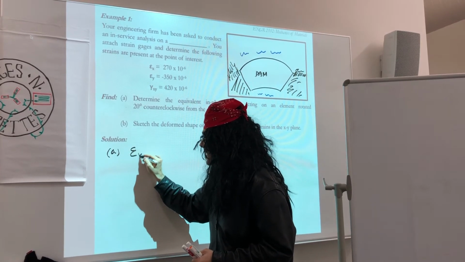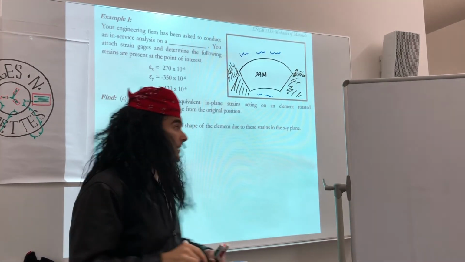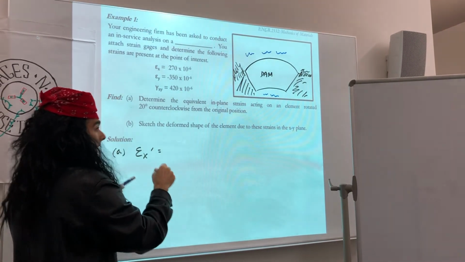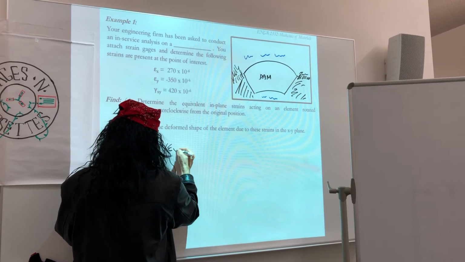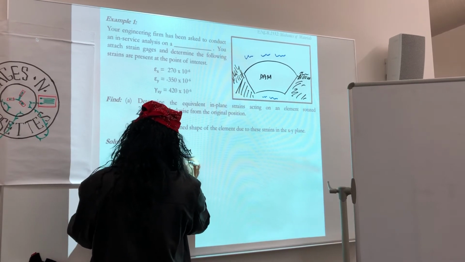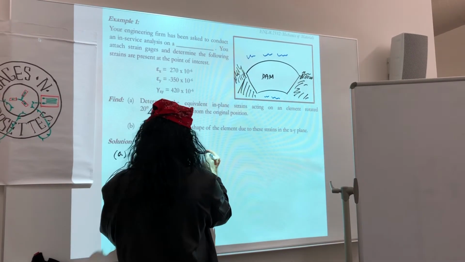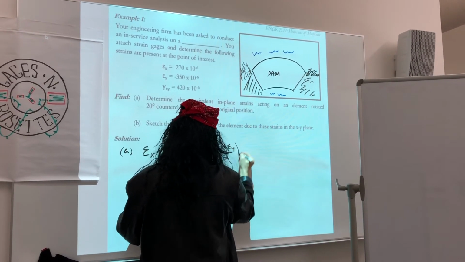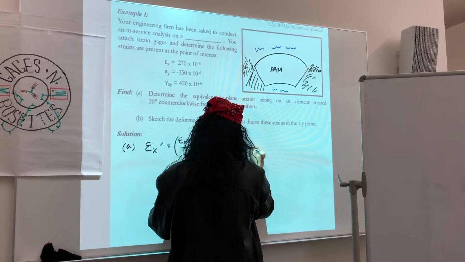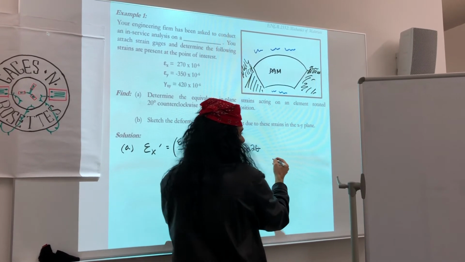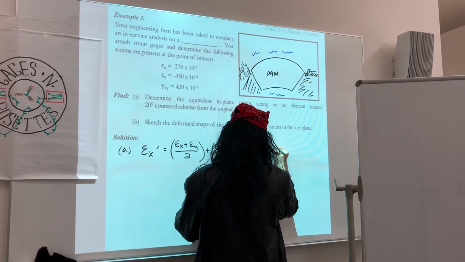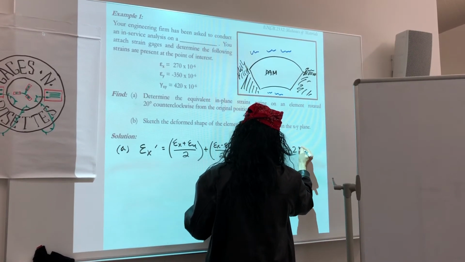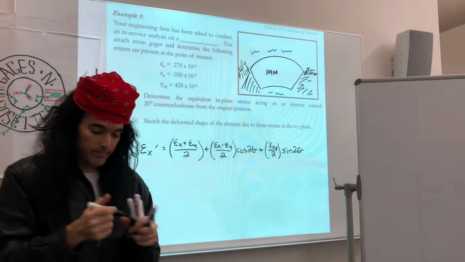remember we said epsilon x prime. We developed this equation. You can refer back to our set list if you need to. It's got epsilon x plus epsilon y over 2 plus epsilon x minus epsilon y over 2 cosine 2 theta plus gamma xy over 2 sine 2 theta.